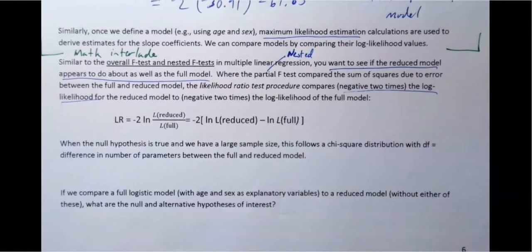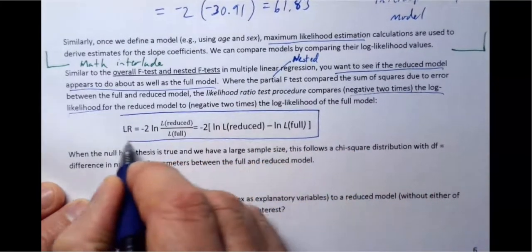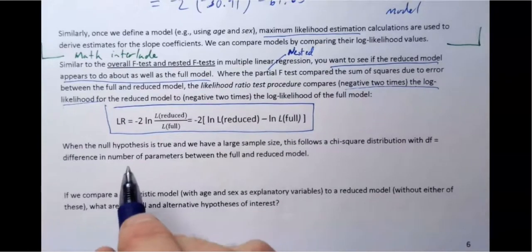It's the same idea, but instead of using sums of squared errors, we're going to use something called -2 times the log likelihood function. If you watch the previous video, you'll get an idea of where that -2 times the log likelihood function comes from, but it doesn't matter too much if you don't know that. What you have to know instead is here's the formula for the likelihood ratio test. This is the test statistic.